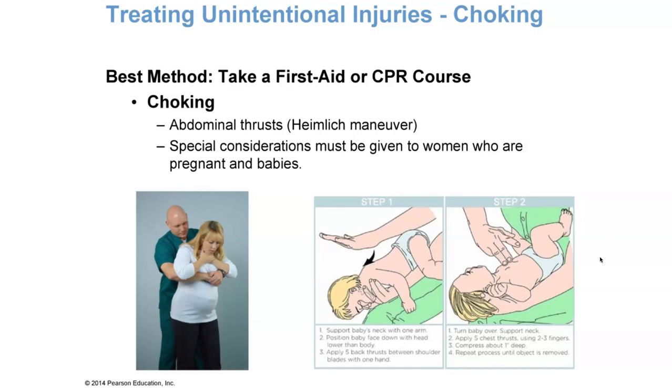With CPR and first aid, the biggest thing that you need to be aware of is permission in certain situations. For example, the lady is giving you the universal sign, she's still upright and she is still coherent. The first thing that you must do is get permission to help her. So you could go up to her and say, hey, look, are you choking?